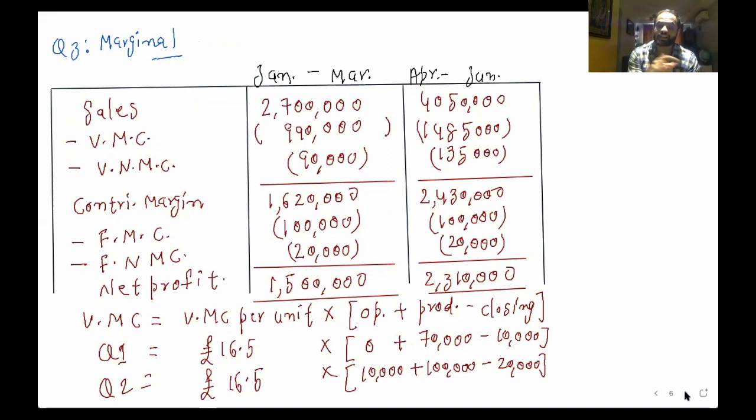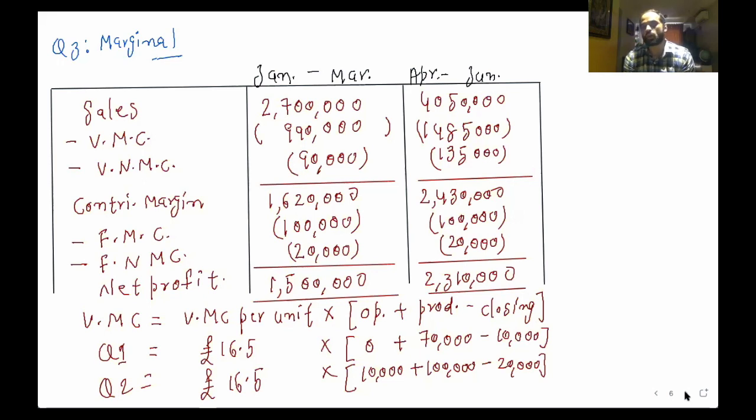Manufacturing cost per unit is 16.5 under marginal costing and 17.75 under absorption costing, right? So obviously if your manufacturing cost per unit is different, your production cost will be different. As a result, your contribution margin or gross profit will be different, net profit will be different.